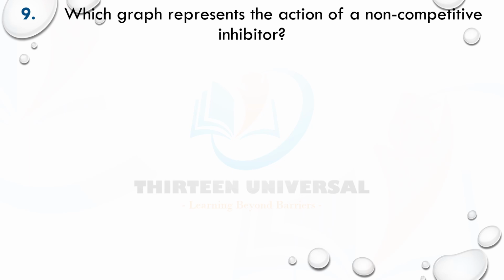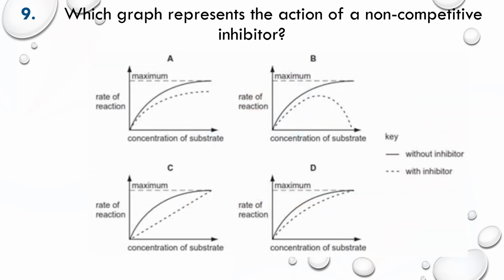Which graph represents the action of non-competitive inhibitor? Now, non-competitive inhibitor lowers rate of reaction. So this looks like it. B, nope, it doesn't go up and come down. It doesn't reach the same Vmax as without inhibitor. So non-competitive cannot give us the same maximum rate of reaction as without inhibitor.